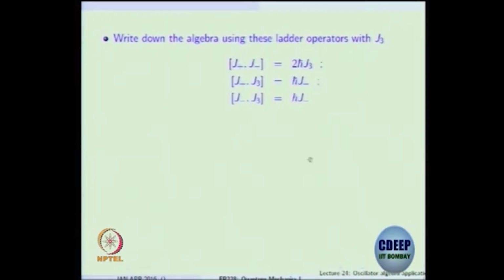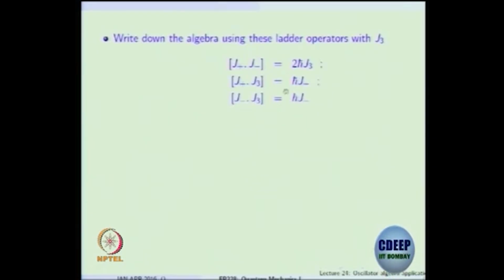So the same algebra of Jx, Jy, Jz which we wrote, I am trying to rewrite. J plus with J minus, what it is, which is like your A and A dagger. Something wrong? Sorry, the third one is plus, the second one is minus.